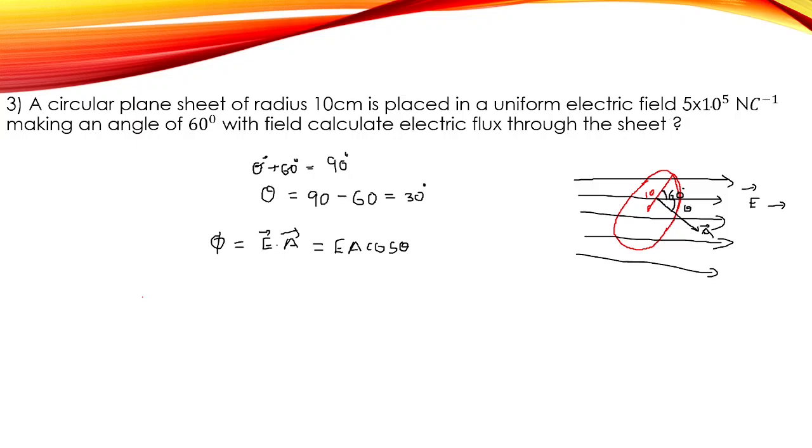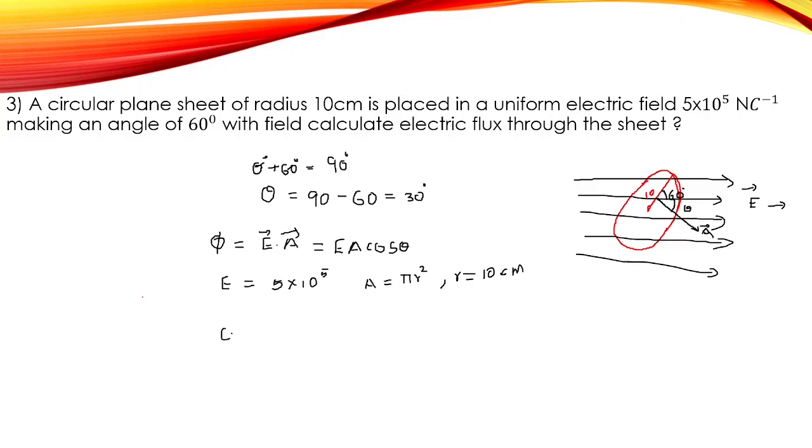E is 5 into 10 raised to 5. The electric field is given as 5 into 10 raised to 5. And the area of the circle is A equal to pi r square, where r is equal to 10 centimeter. Now let's put it in the equation.